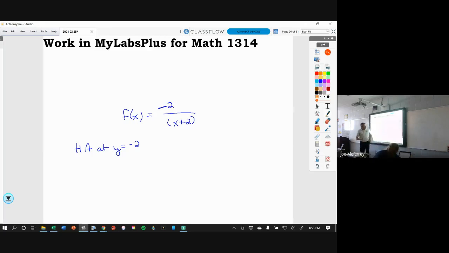But right now the degree is not the same, is it? Because this is 0 degree and this is 1st degree. Square. Okay, now is it the same degree? Okay, so this has a horizontal asymptote of -2 and a vertical asymptote of -2. Type that in your calculator, see what it looks like.